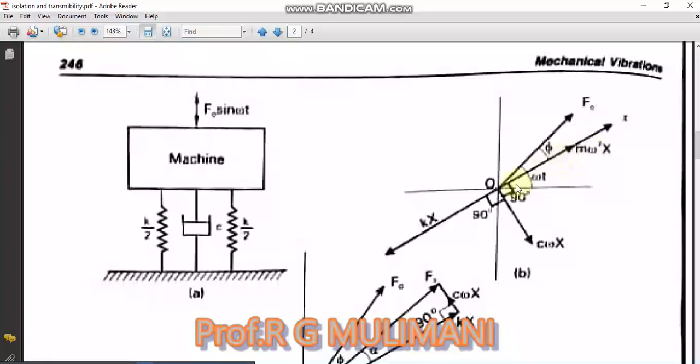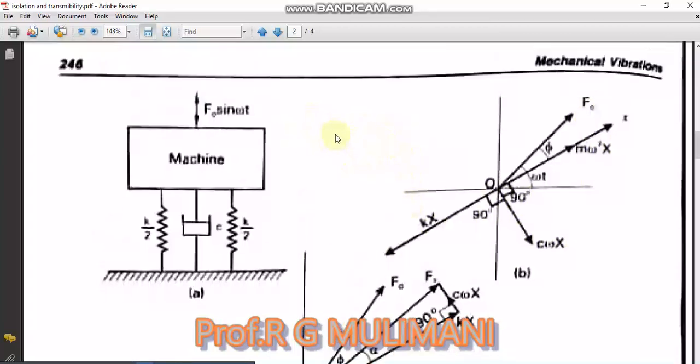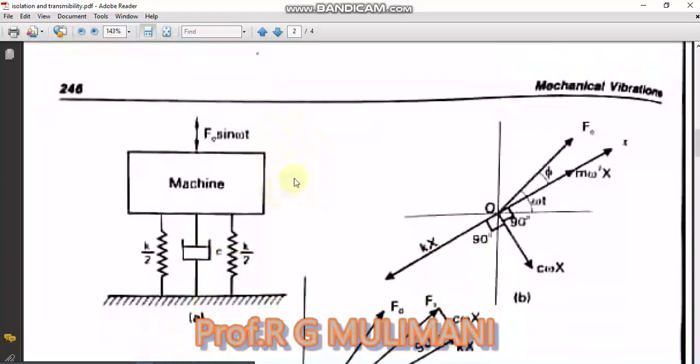Exactly opposite, to resist this force, there is the spring force, and at 90 degrees to the spring force there is the damping force, and this is the impressed force, F naught sin of omega t minus phi. These are the impressed force, inertia force, spring force, and damping force, the forces involved in a machine when it is subjected to a forcing function because of the eccentric mass.